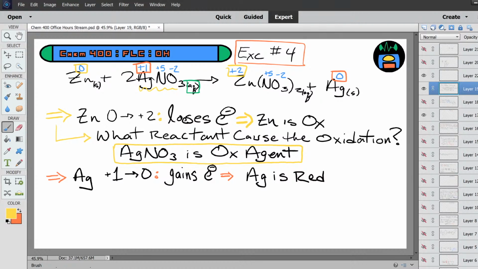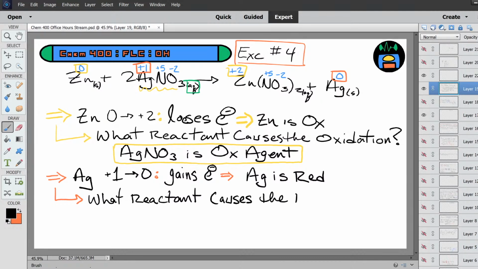Now, let's think about what gets reduced. Silver is reduced in this. You have to ask yourself, whoops, I don't want this to be yellow, I want it to be salmon. So silver is reduced. Ask yourself, what reactant causes the reduction?